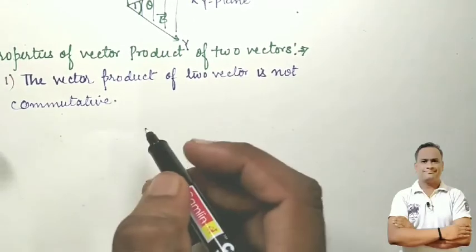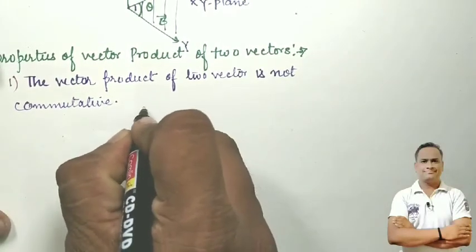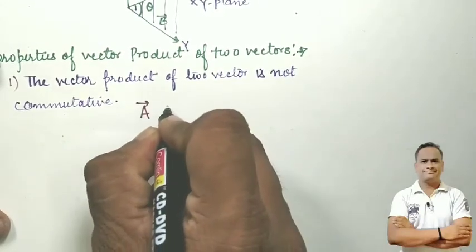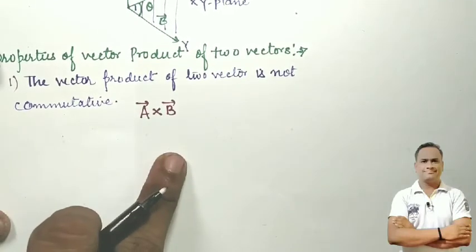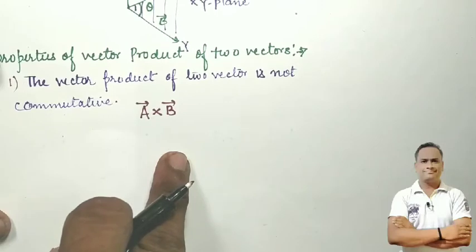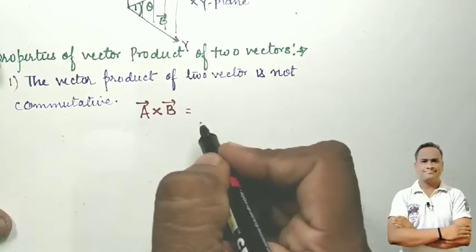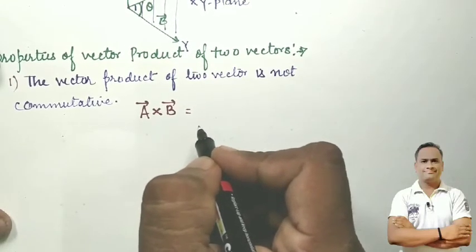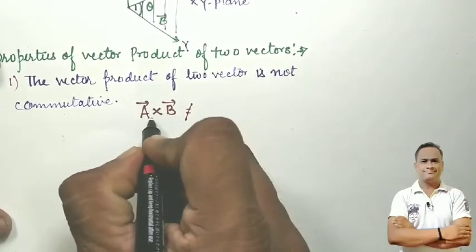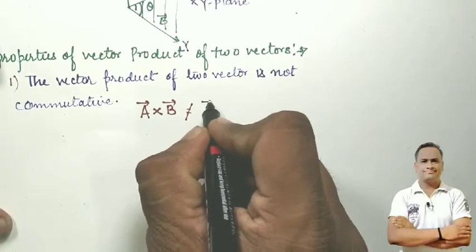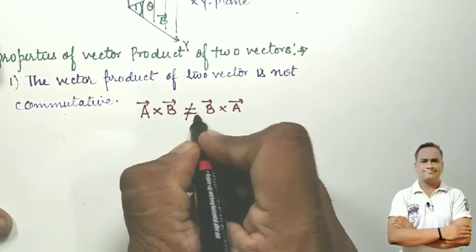It means that if we reverse the order of the two vectors, suppose A is the first vector and B is the second vector, and we take the cross product or the vector product, which we know can be given as AB sin theta into unit vector n, then the product will not be the same.